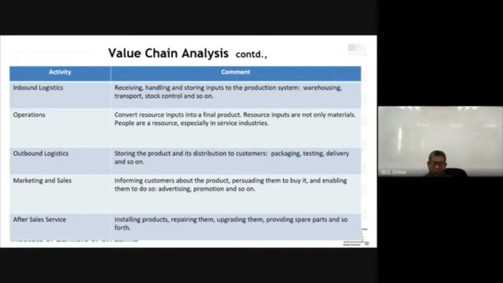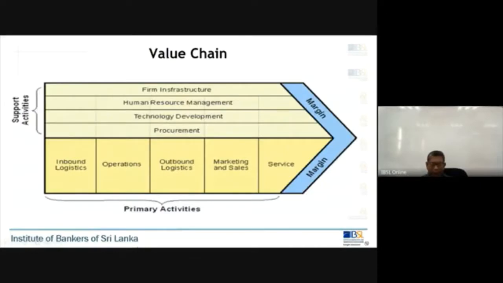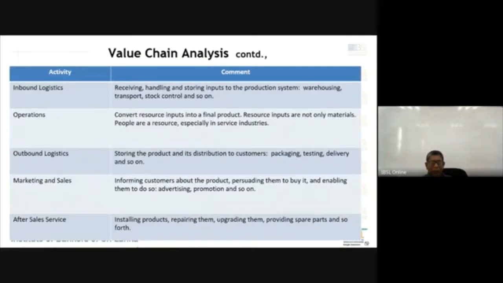These are the primary activities any organization is carrying out. Then we look at outbound logistics, meaning storing the final product for its distribution or packaging, testing or whatever.